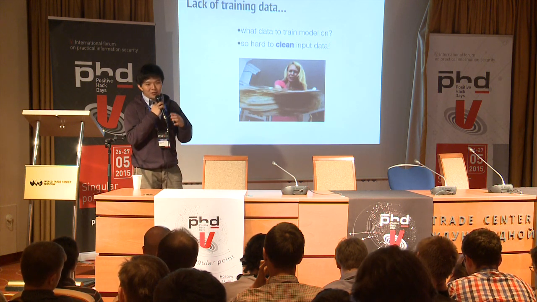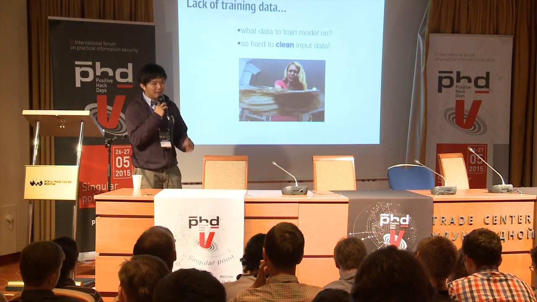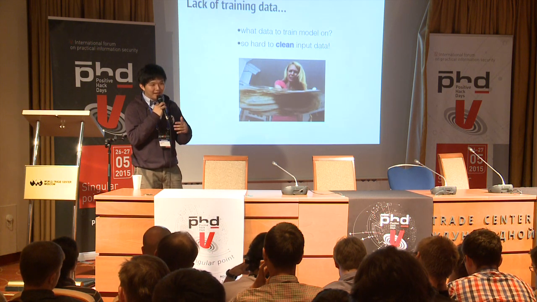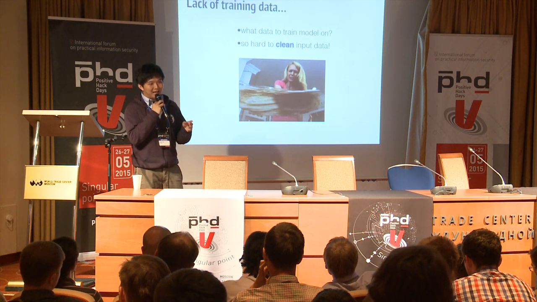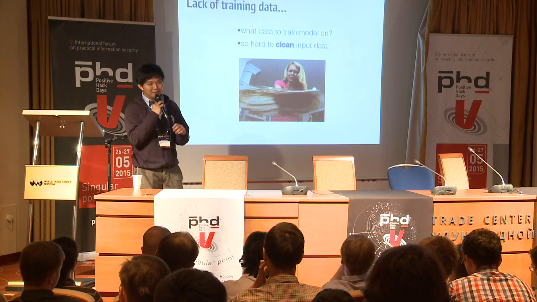So then you go about the task of cleaning the data. And how do you clean the data? Number one, it's very laborious. You have to basically look through everything and then find deterministically what is anomalous and what is not. And think about it. If you could do that, you don't actually need the anomaly detector in the first place. So it's hard to clean your input data.